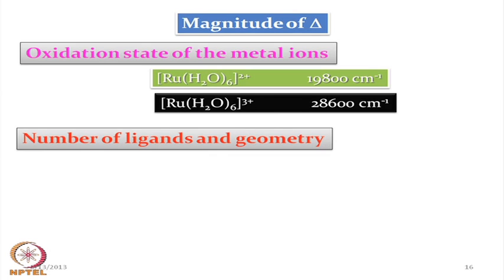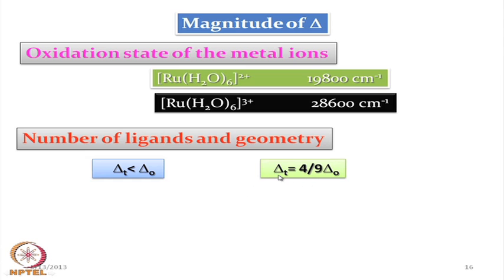Then the number of ligands and geometry is also very crucial, in how the number of ligands can change a particular geometry as well as the delta value. As we have already seen, since more ligands are present for octahedral geometry, delta O is always greater than delta T, which is for the tetrahedral geometry with fewer ligands, that means 4 ligands compared to 6 ligands.